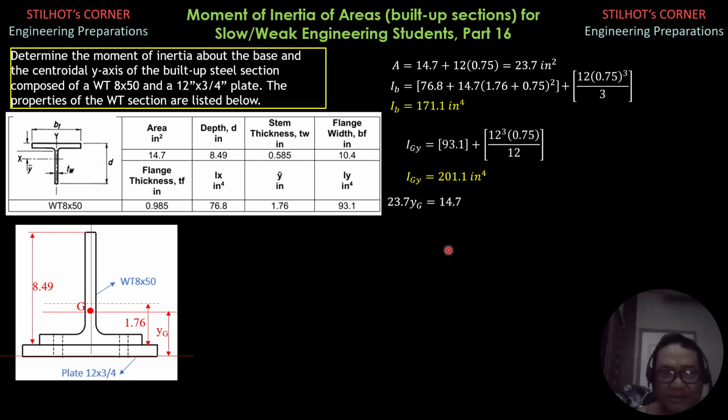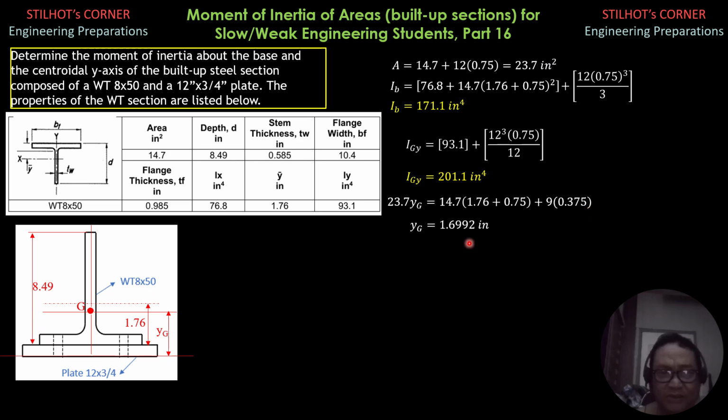So 23.7 YG, let's locate the centroid first, equals 14.7 times the distance of the centroid of the WT section to the base, which is 1.76 plus the thickness of the rectangular plate 0.75, plus the area of the rectangular plate, 9, times the distance of its centroid to the base, which is half of 3/4 or 3/8 or 0.375. So computing, YG equals 1.6992 inches.